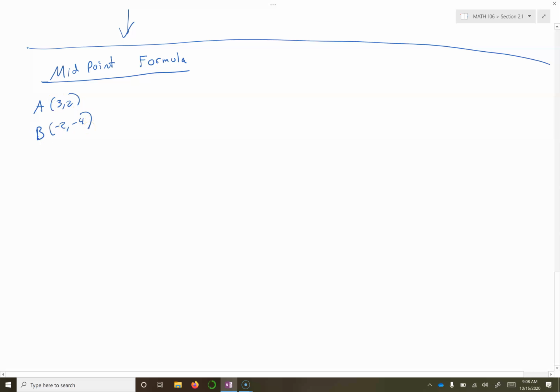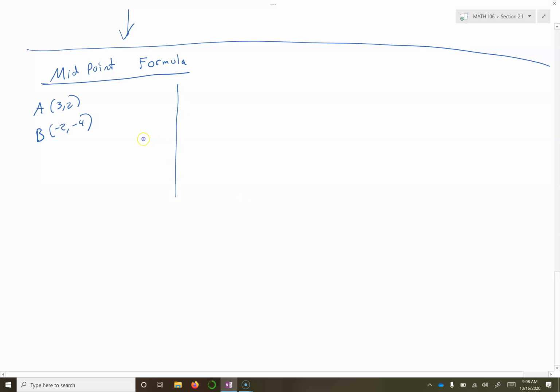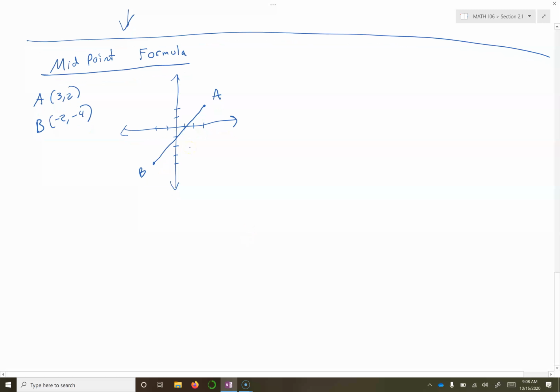All right. So I'm interested in figuring out the midpoint of that line. So I'll just do a very simple sketch here. So A is 1, 2, 3, 1, 2. So here's A. B is -2, -4 here. So here's the line segment AB. We would like to know the midpoint. So we're trying to find another point. Let's call it C as the midpoint.